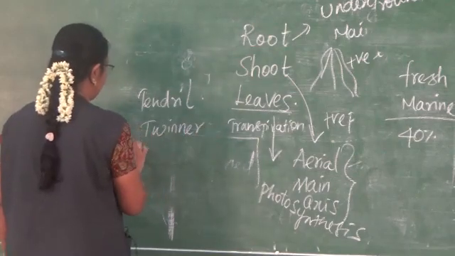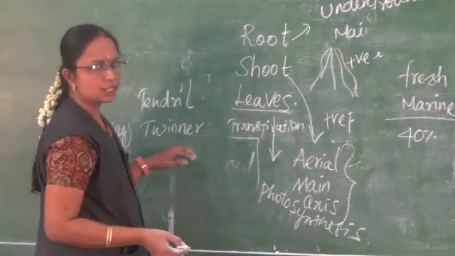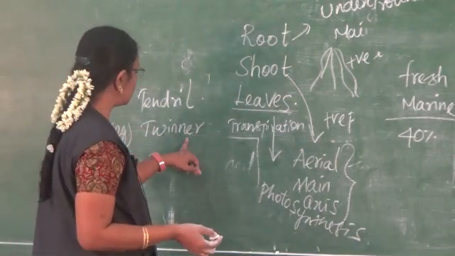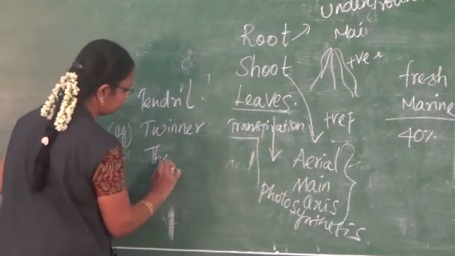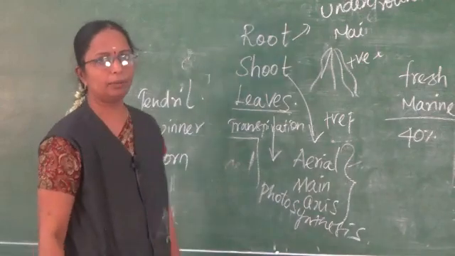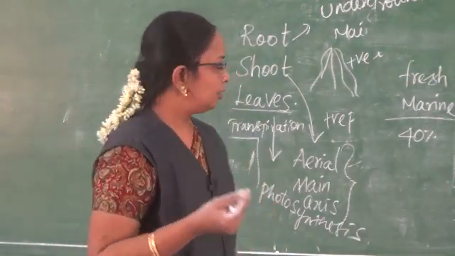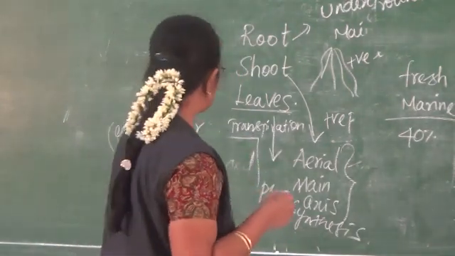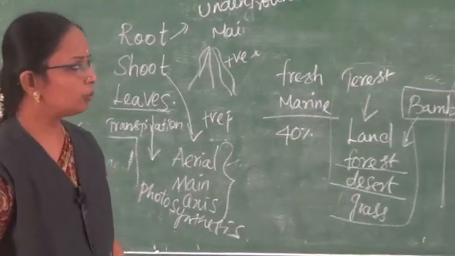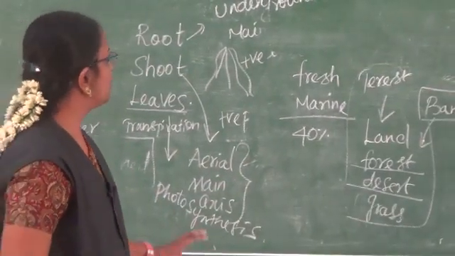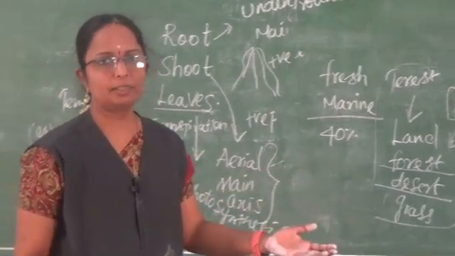Example, jasmine, Clitoria ternatea, these are examples of twiners. And then thorn. Some of the plants develop thorns. Either the stem or the leaf becomes modified into a thorn. So these are some of the adaptations and the parts of the plant.